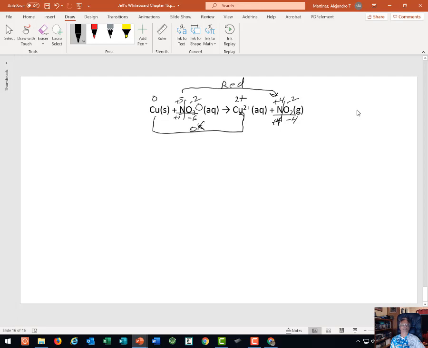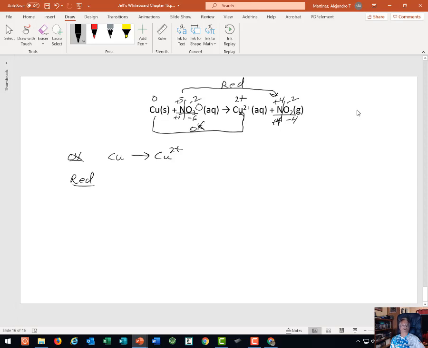So let's split them up. Let's do an oxidation half reaction and a reduction half reaction. The oxidation half reaction is Cu going to copper 2+, and we have a little bit different technique for this.